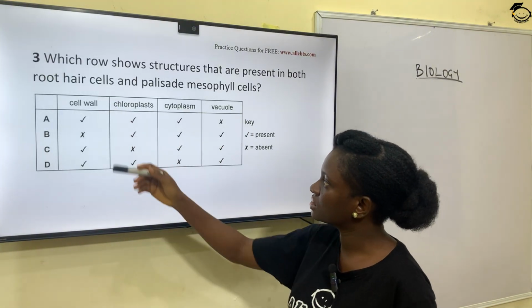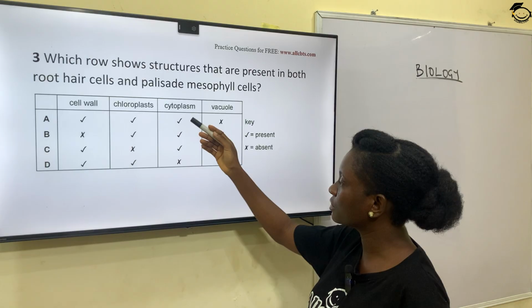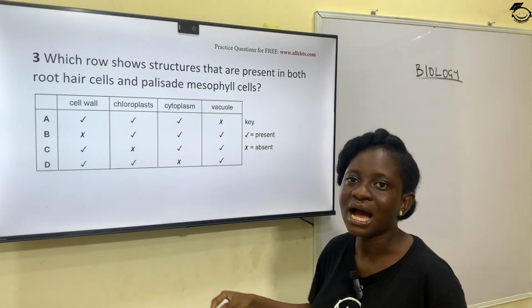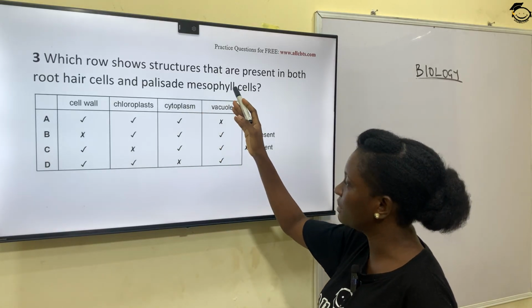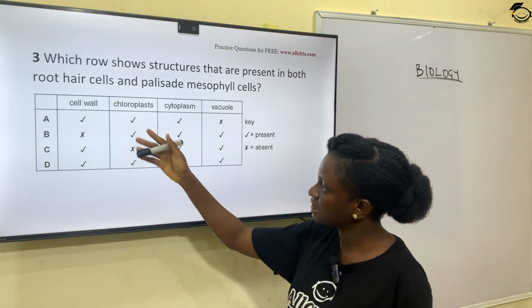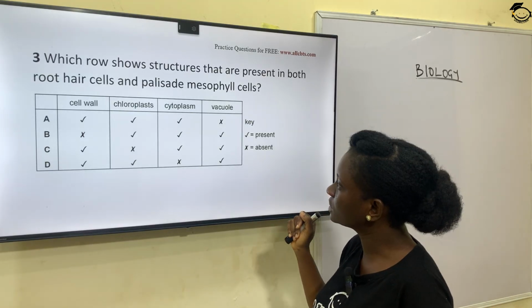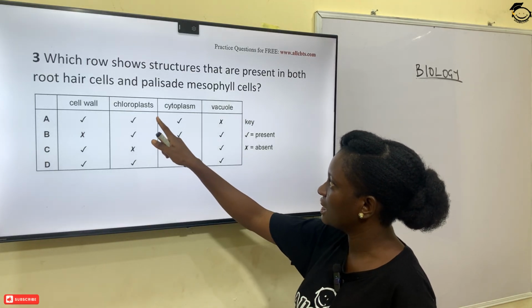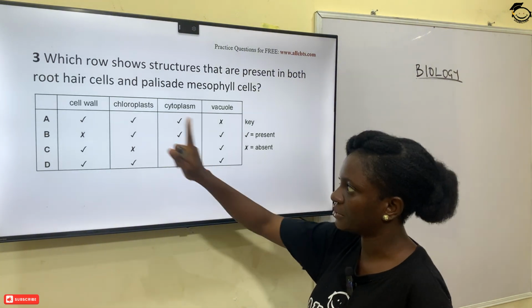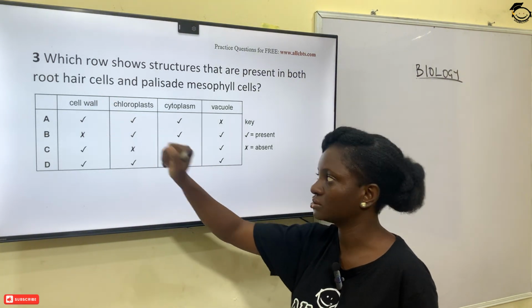So looking at it, cell wall, chloroplast, cytoplasm, and vacuole, are they present in root hair cells and mesophyll cells? From these options listed, it's only chloroplast that is not present in root hair cells. Why?